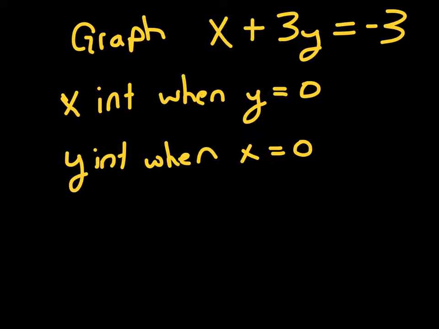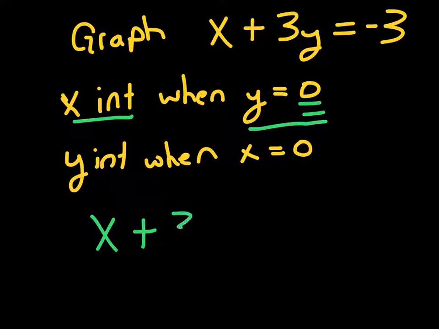So instead of talking about it, let's do that. I'm going to show you what I'm talking about here. Let's find the x-intercept first. And when we find the x-intercept, we want y to be 0. So let's rewrite our equation, x plus 3, but instead of y, let y be 0, okay?